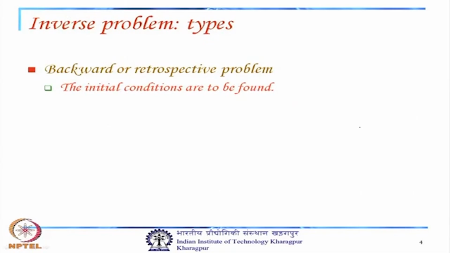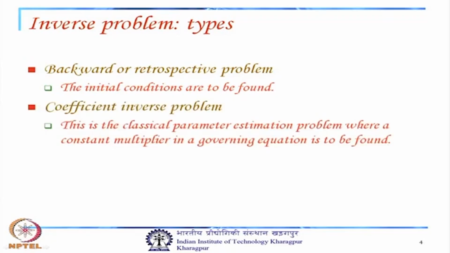Now, what are these inverse problems? So, first type is backward or retrospective problem. The initial conditions are to be found. Second one is coefficient inverse problem.